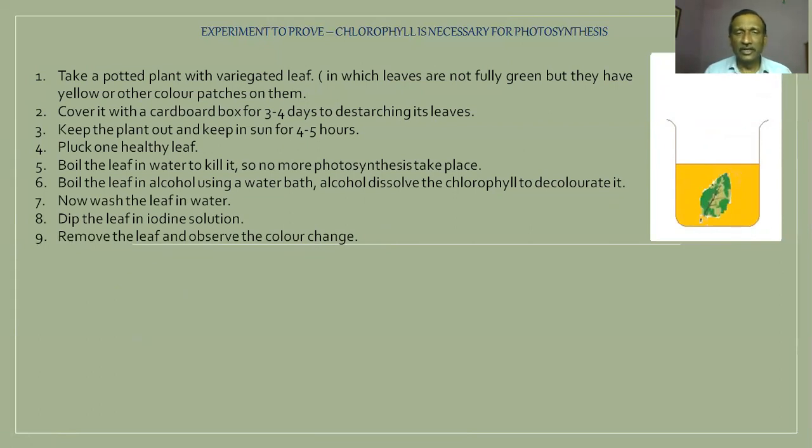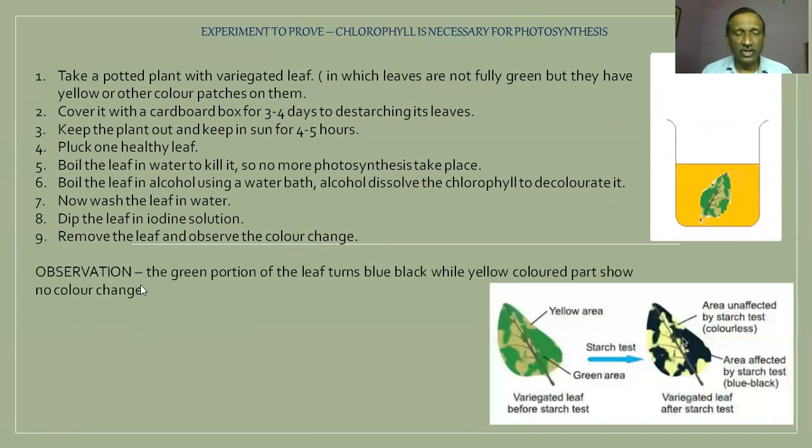Take out the leaf and observe the color change. So what do you observe? The green portion of the leaf turns blue black, while the yellow portion remains colorless, it doesn't show any color change.